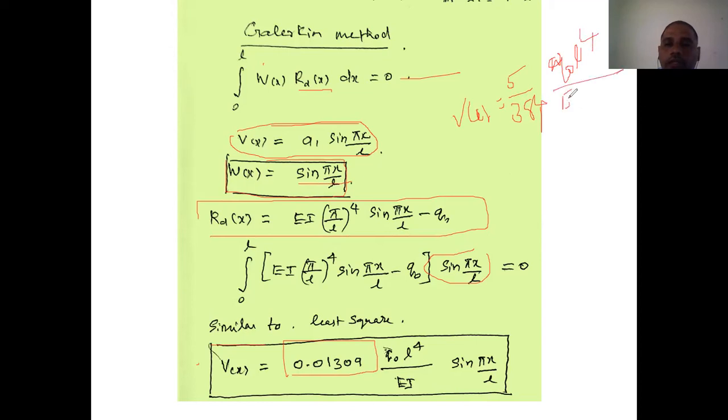So this is the maximum vertical deflection for a simply supported beam when it has been subjected to a uniformly distributed load, right? If you further simplify 5 by 384, we will get 0.031, I think. 0.031 into Q naught into L power 4 divided by EI.